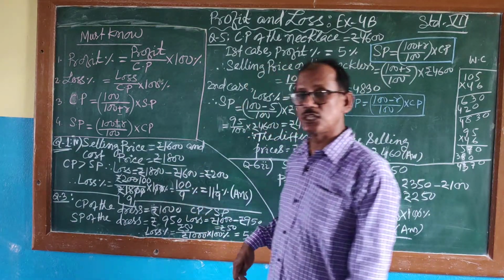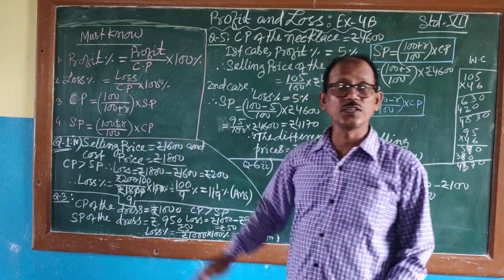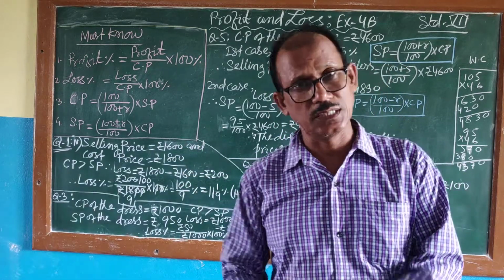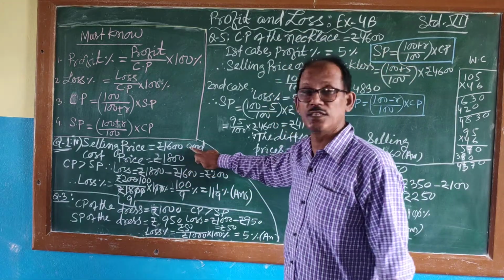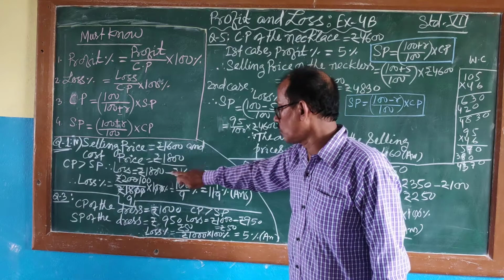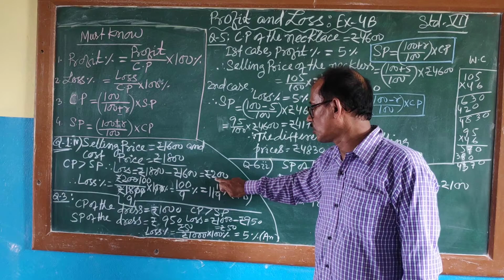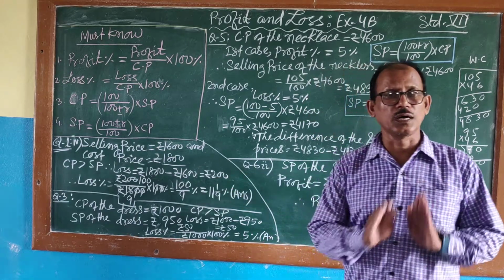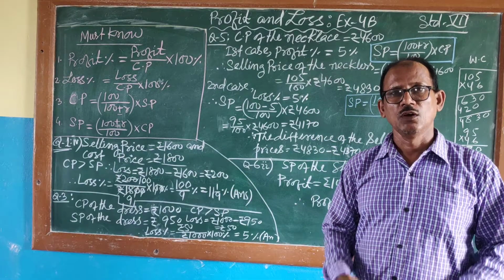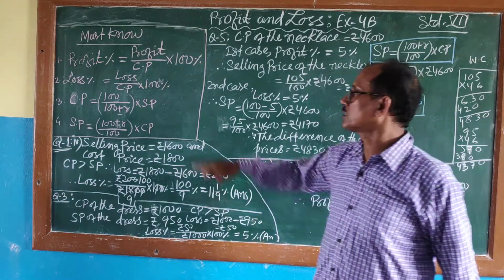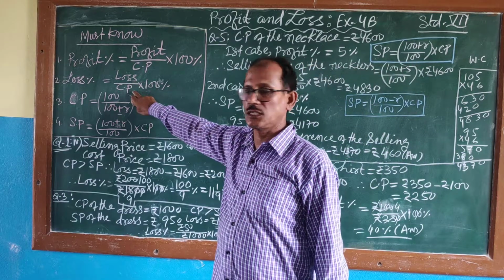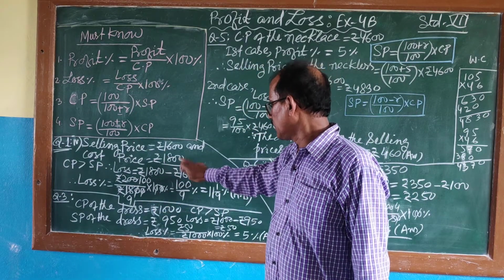So, how much is the loss? The amount of loss will be the difference of CP and SP, isn't it? So CP minus SP in this case, because CP is more. So loss will be rupees 1,800 minus 1,600, which is equal to rupees 200. 200 is the amount of loss. What will be the loss percentage? Loss percentage, you know it: loss by CP into 100%.